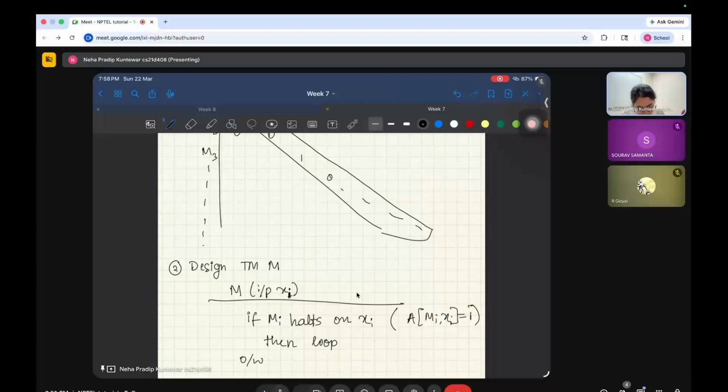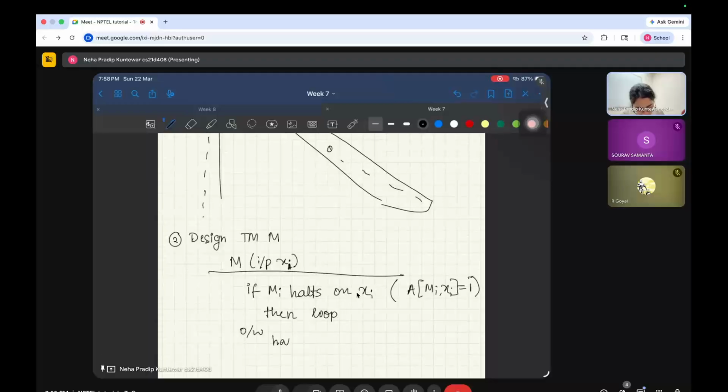Otherwise we are going to halt. By halt we mean, let's say, halt and accept. This is the new machine that I'm coming up with.